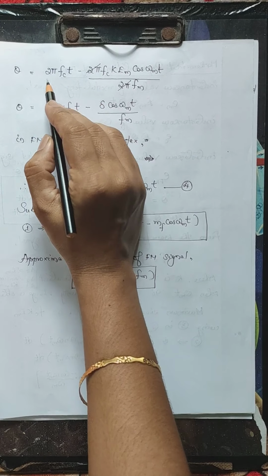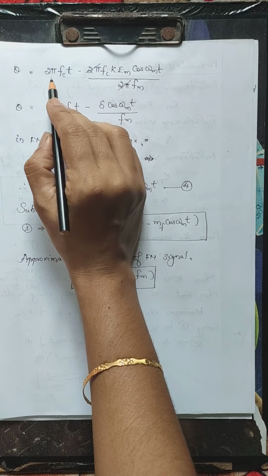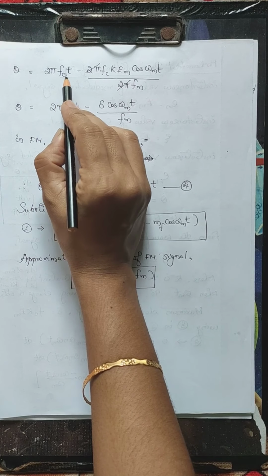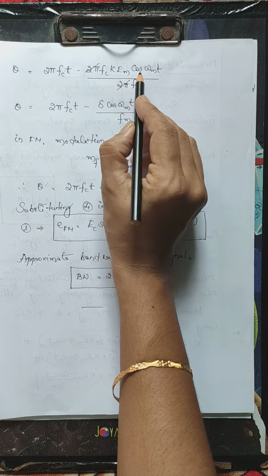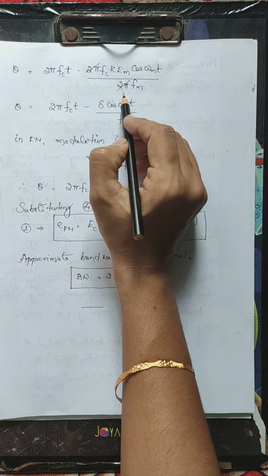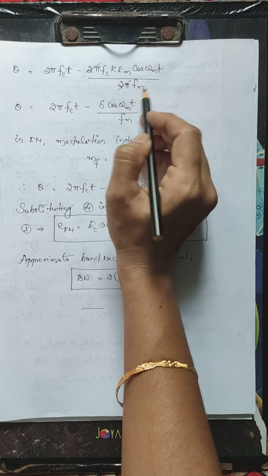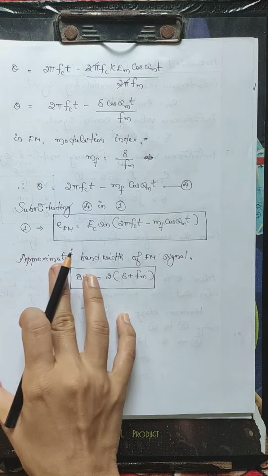So now theta is equal to 2 pi fc into t minus 2 pi fc into k Em cos omega mt divided by omega m. Omega m is substituted as 2 pi f1.